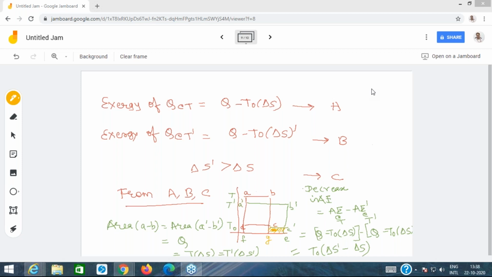Okay, so I'm assuming that you understood, and let me take a small numerical based on this. So write down one numerical which was asked in some university exam.